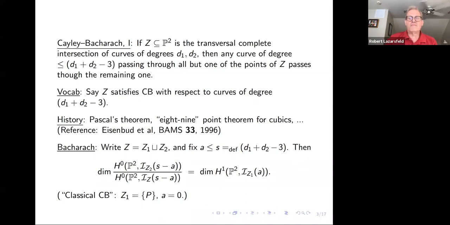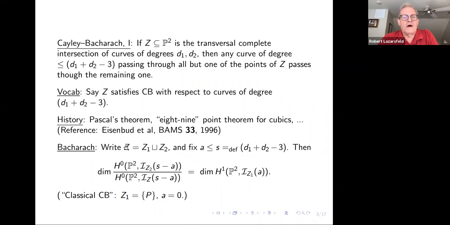And then you fix some number a, and I'm going to, for the moment, call s this magic number d1 plus d2 minus 3. And so what Bacharach's theorem does is it compares two gadgets. On the left, we look at curves of degree s minus a that pass through Z2.